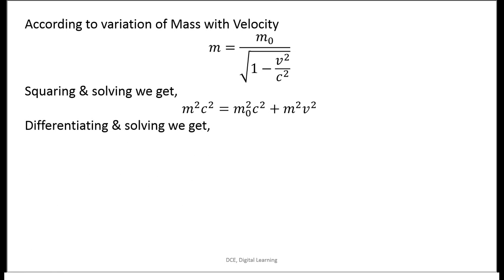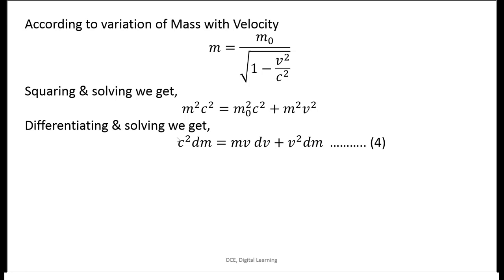Here c is constant, the velocity of light, and v is the velocity of the particle, which is variable. Now differentiating this equation, we get c square into 2m dm is equal to 2mv into dv plus v square into 2m dm.